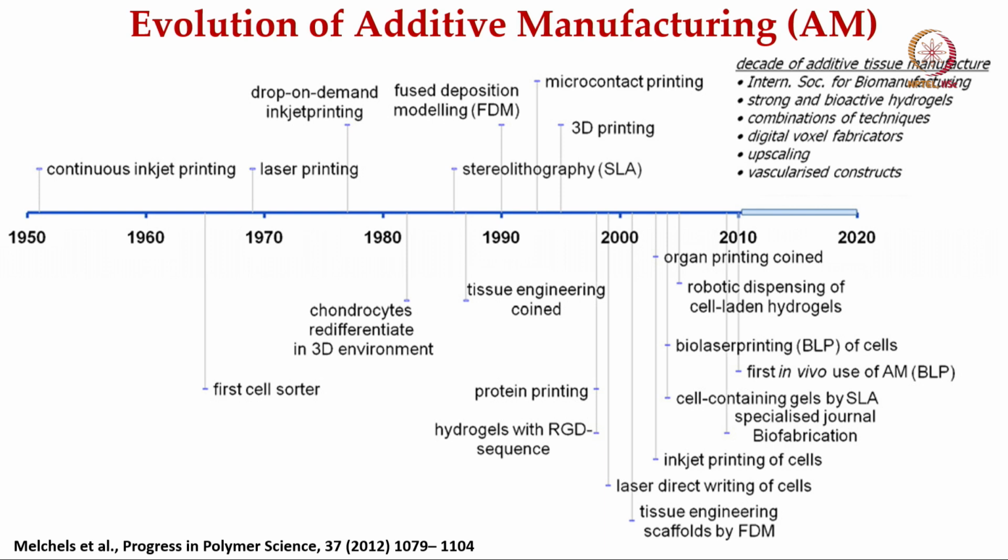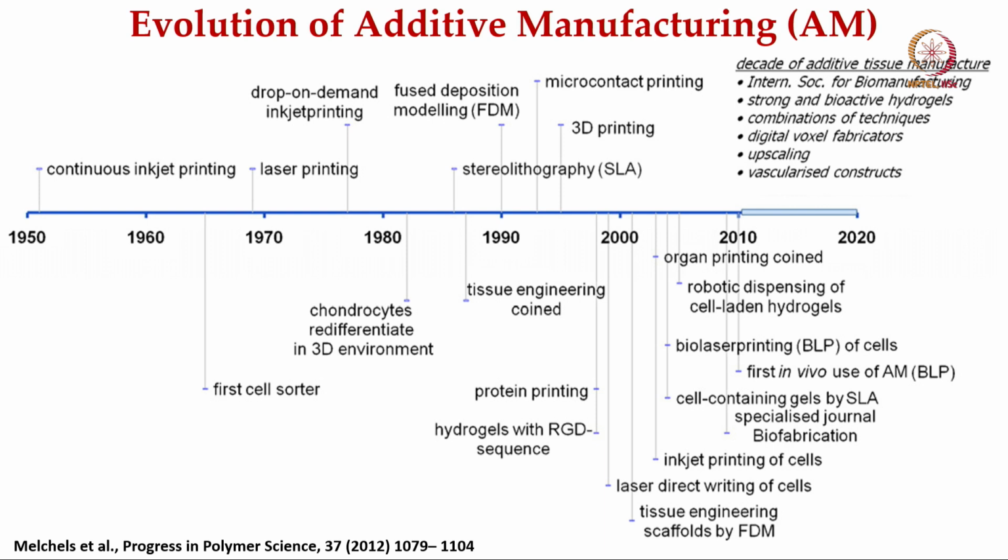So, this was more or less up to 2010, and this particular evolution picture is based on the paper published by Melchels et al. in Progress in Polymer Science in 2012. So, certainly we do not have the data up to 2020.